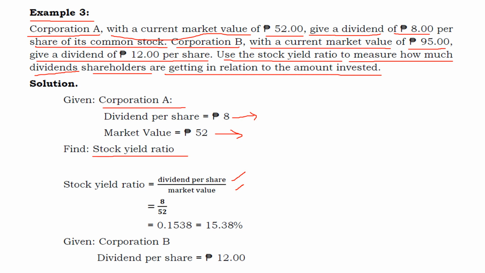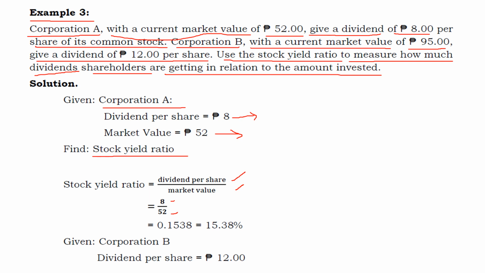Upon checking, there is a value given for the dividend per share and for the market value. What we need to do now is simply substitute the given values, and that will be 8 over 52.